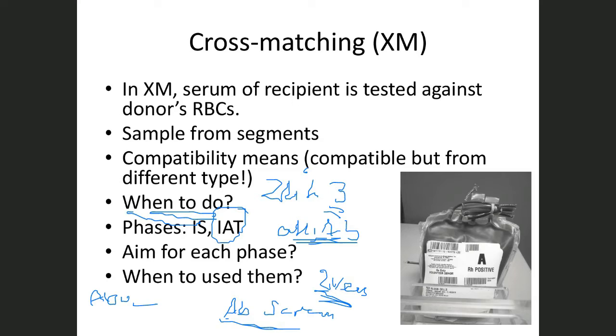Why don't we just do an immediate scan? What do you think? Patients with a low antibody, we have to do matching at the indirect phase. This is mandatory. Why?